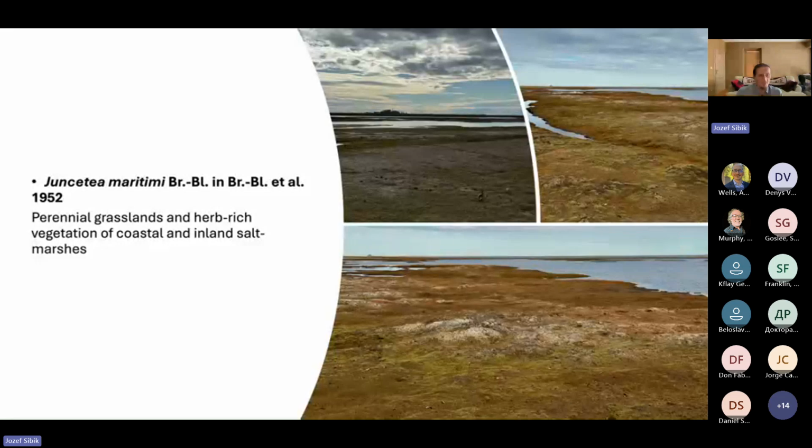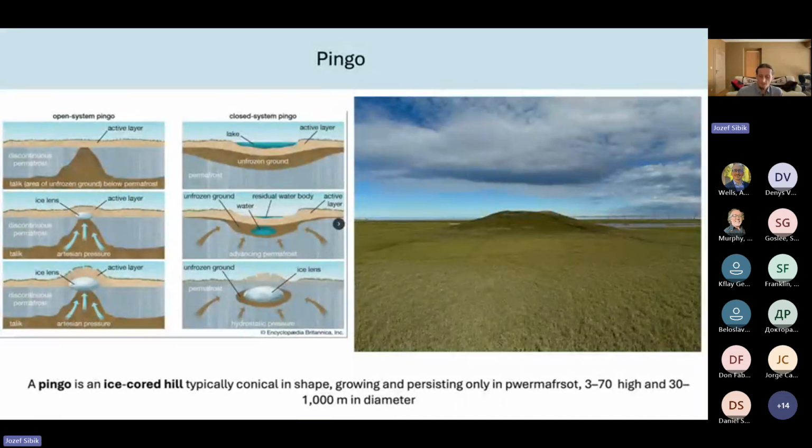Also, we can find perennial grasslands and herbaceous vegetation in the coastal area, salt marshes, and that's it. We can see that all equivalents that are in Europe, we can find also in the US, however, with different species composition, but with very similar environmental drivers.